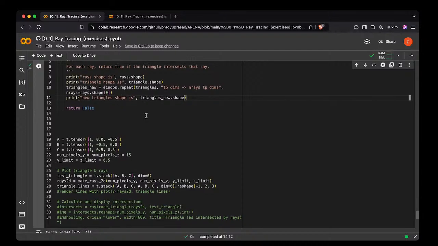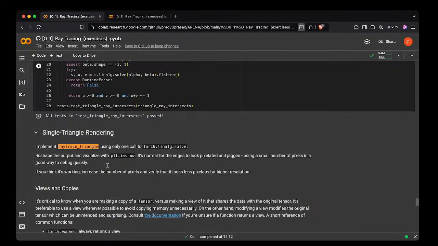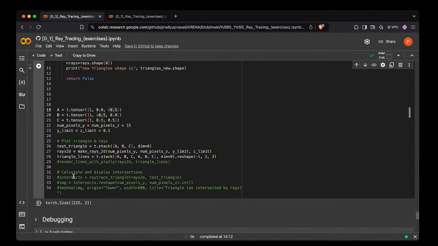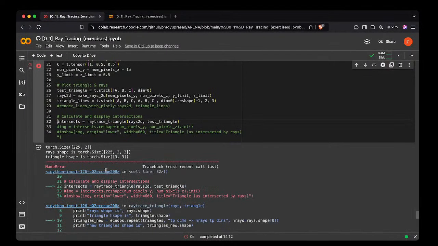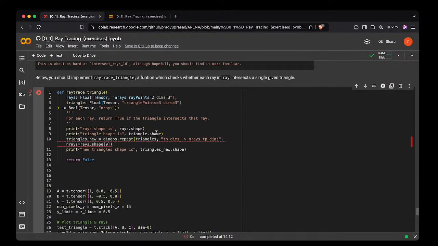Why is nothing printing? Are we even calling raytrace triangle anywhere in this? Oh, that's where it's happening. And we are having triangle is not defined. It's triangle new. It's okay.